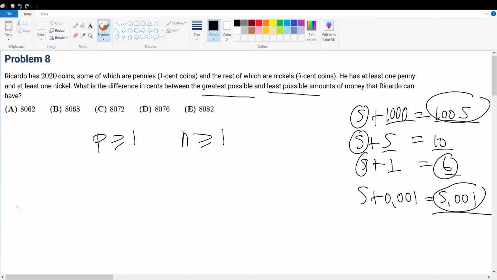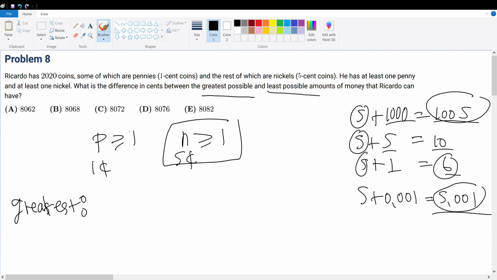From this understanding, what is the greatest? The greatest amount of money would be the summation of the largest value of the coin. A nickel is worth 5 cents, and a penny is worth 1 cent. So I want to sum as many nickels as possible and as few pennies as possible.